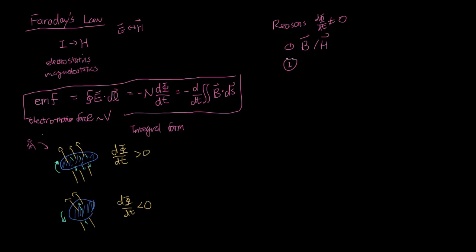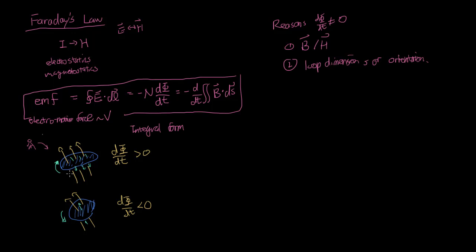But another way to do it is that if the shape of our integral changes, right? In the case of the loop, if the loop dimensions or the orientation changes. So that would be another way to change the flux lines, right?